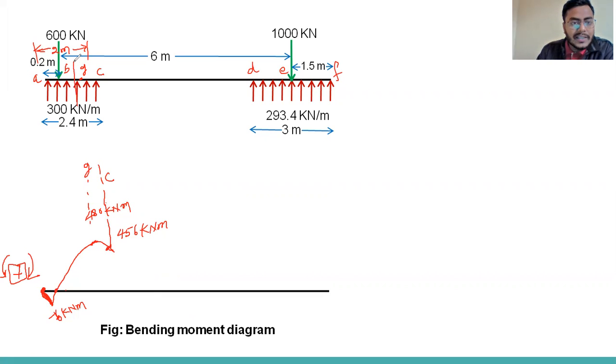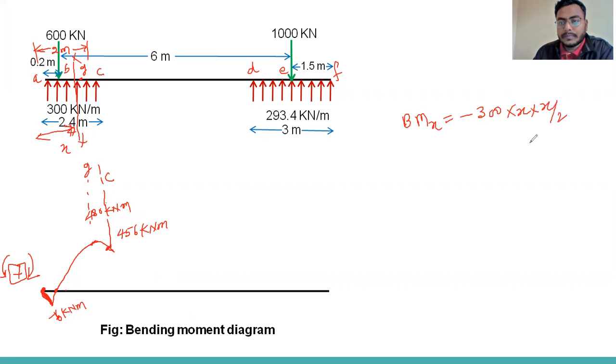So I'm taking a section XX, that is distance X from the left. So we can calculate the bending moment at X, that is minus 300 into X by 2, X into X by 2, plus 600 into X minus 0.2.